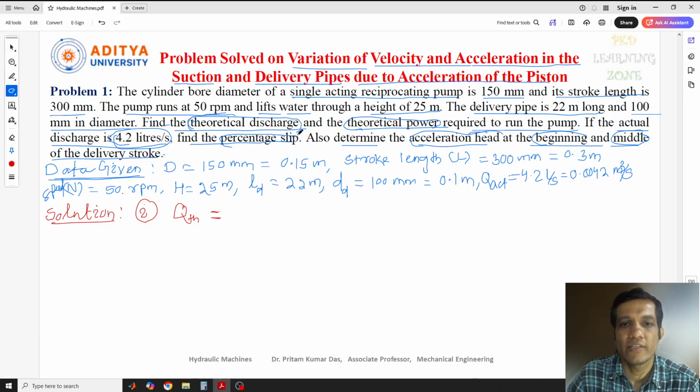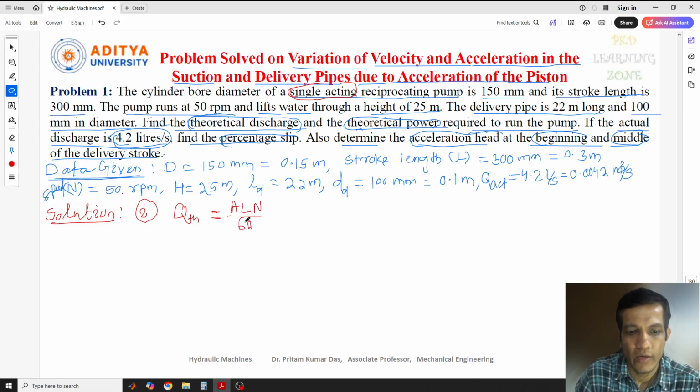ALN by 60 is used for the single acting reciprocating pump. If it were a double acting reciprocating pump, we would have used 2ALN by 60. Here only ALN by 60 will be used, so by this formula we can calculate the theoretical discharge.